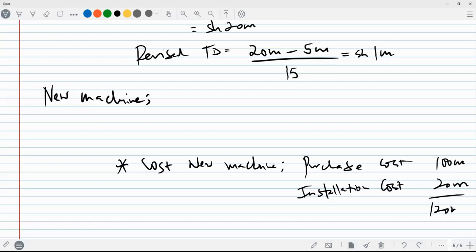Total of 120 million. You claim allowance on the total of 120 million. So the new machine's cost is 120 million minus its disposal value in the year 2035.